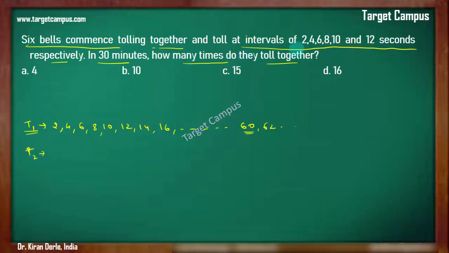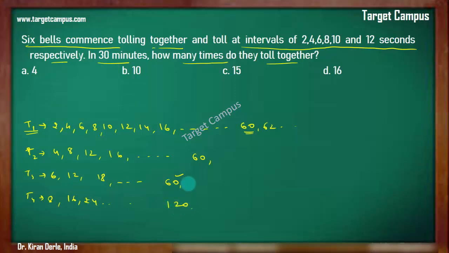Bell 2 can toll at intervals of 4. So 4, 8, 12, after 12 seconds, after 16, and so on, 60 also. The third one, 6, 12, 18, after 18 seconds, like this, after 60 seconds also it will toll together. The fourth one, 8, then we have 10 and 12 also.